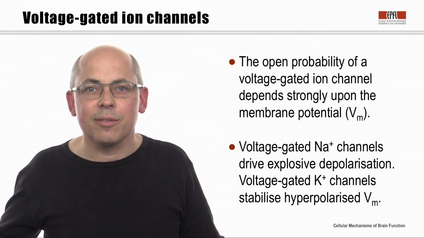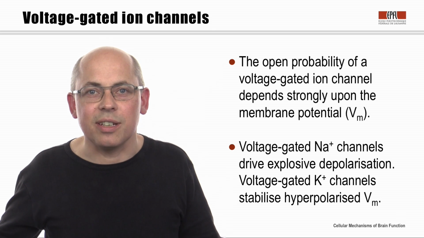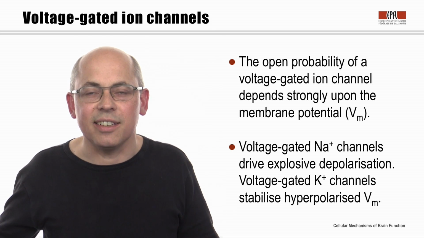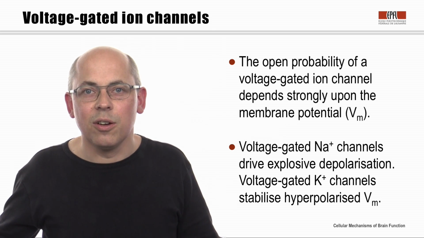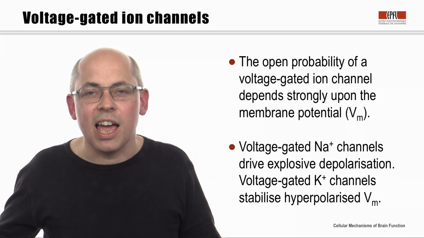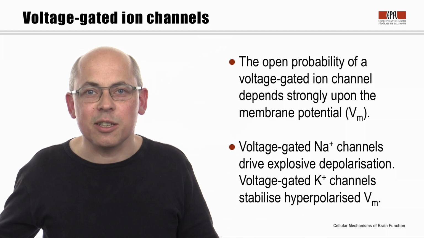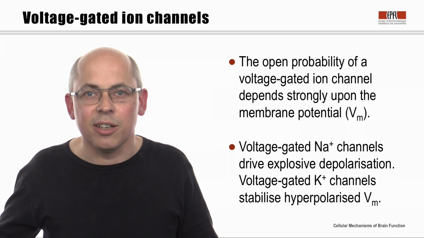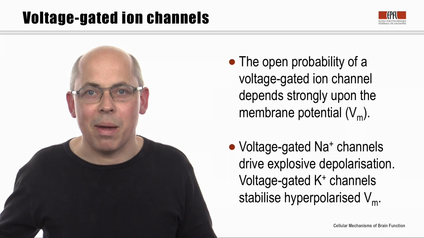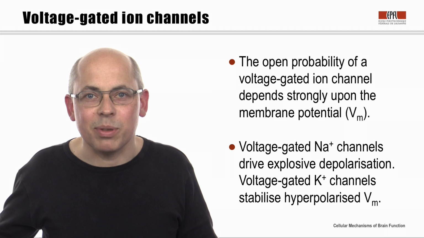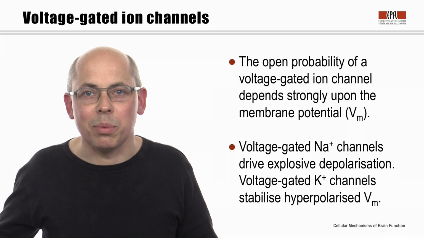So in today's lesson, we've learnt a number of interesting features about voltage-gated ion channels. Voltage-gated ion channels have a specific voltage sensing domain, the S4 region, that's highly charged and is very sensitive to the electric field across the plasma membrane. At positive potentials, the gate opens, allowing ion channel permeation and high open probability.